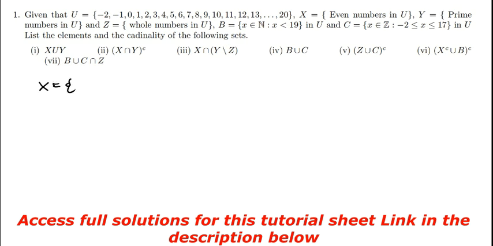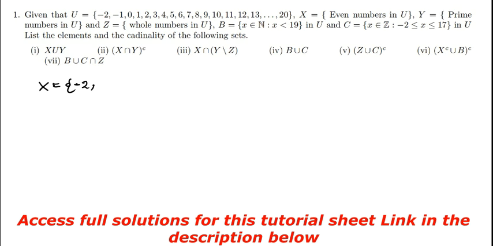Set X is the even numbers in the universal set. So what is an even number? An even number is a number which is divisible by 2 and does not leave a remainder. It includes both positive and negative numbers. So from this universal set, the even numbers are going to start from -2. Next is 0, which is an even number.